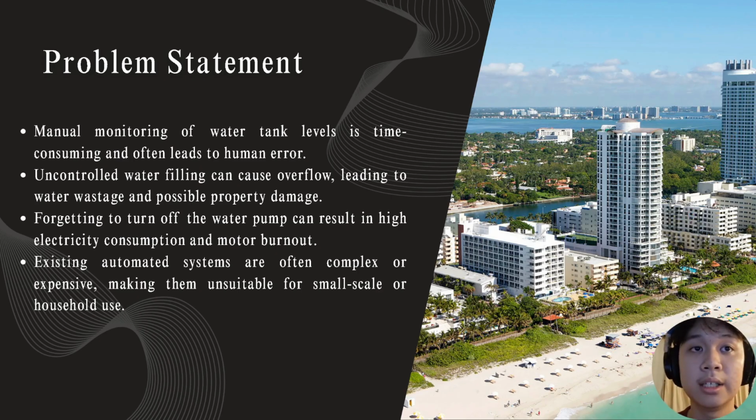Next is forgetting to turn off the water pump, which can result in high electricity consumption and motor burnout. Lastly, the existing automated systems in houses nowadays are often complex or expensive, making them unsuitable for small scale or household use.